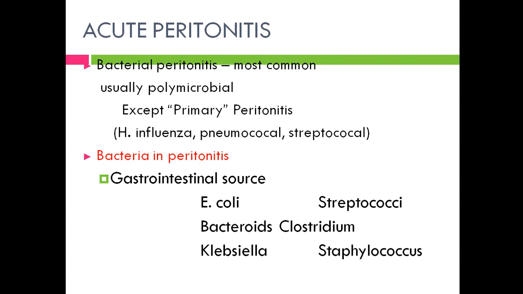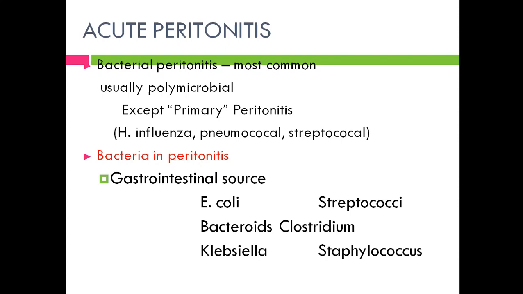The most common form of peritonitis is bacterial peritonitis, and it is mostly a secondary peritonitis due to some cause, like peptic ulcer perforation, intestinal perforation, and appendicular perforation.